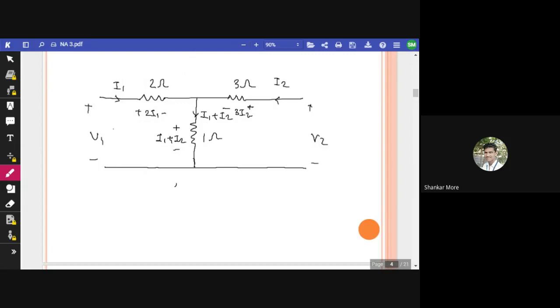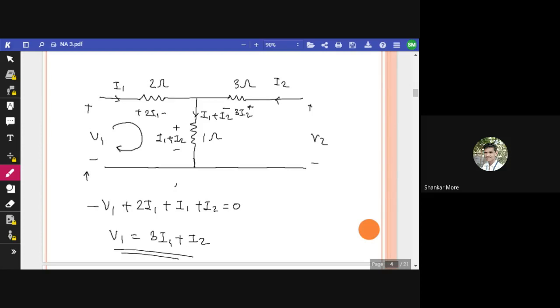Now if we apply KVL in this loop, starting from here, it will be minus V1 plus 2I1 plus I1 plus I2 is equal to 0. So V1 will be equal to 3I1 plus I2. Correct me if I'm wrong. So this is our first equation.